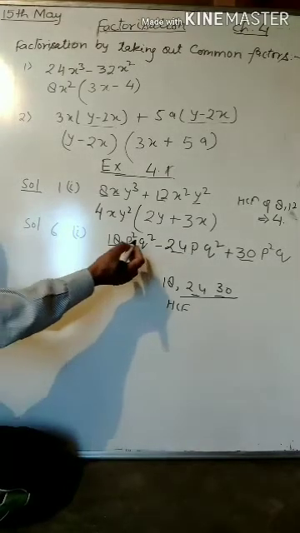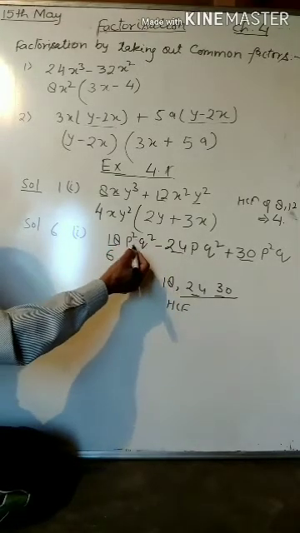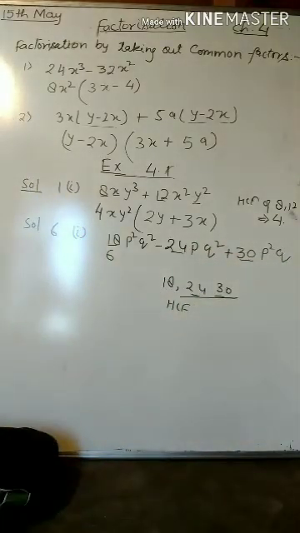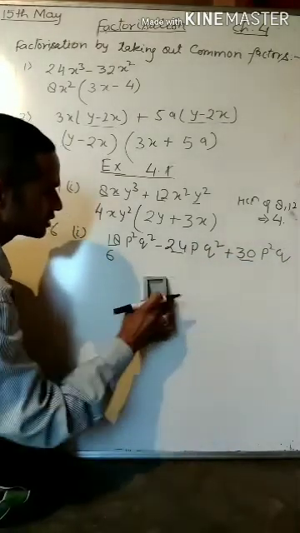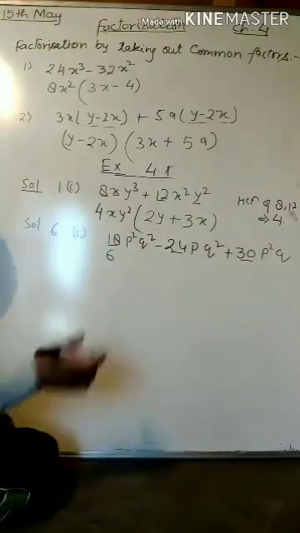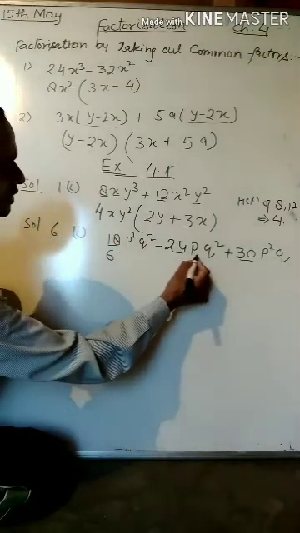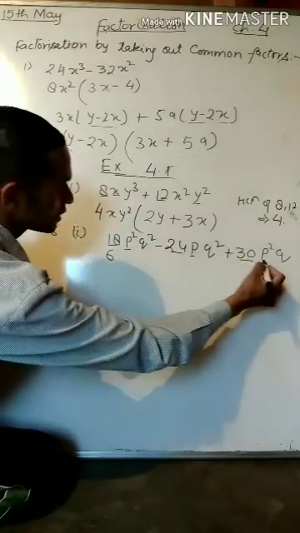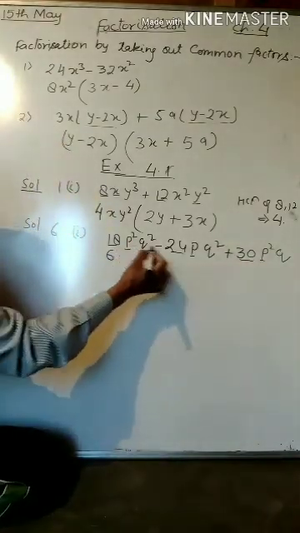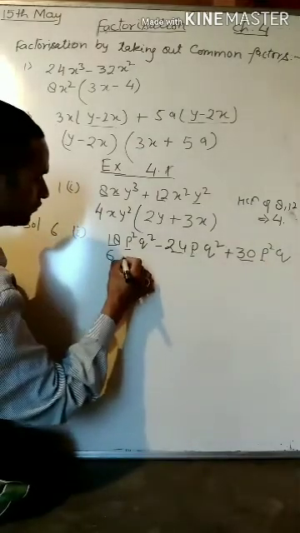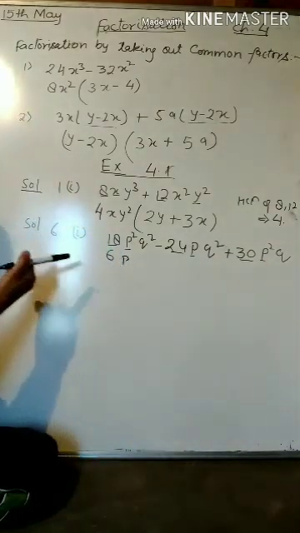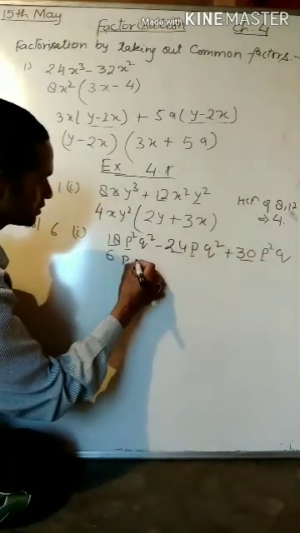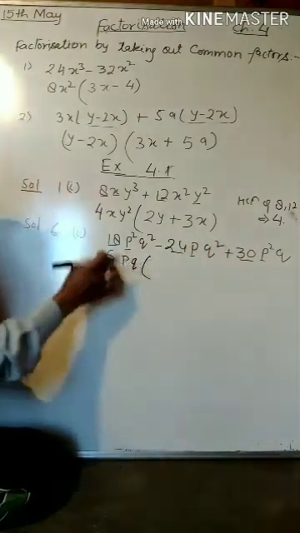And again you see the variables p and q in each term. The lowest power of p is p itself: here is p, here is p square, p, p square. So p is the lowest power. Again we see q square, q square, q. Q is the lowest.